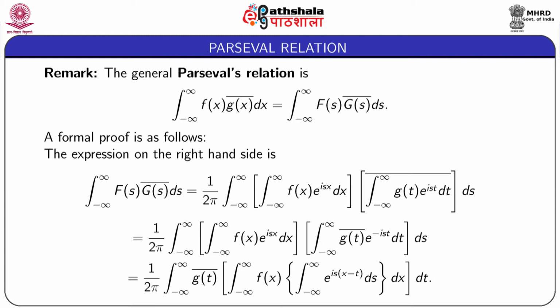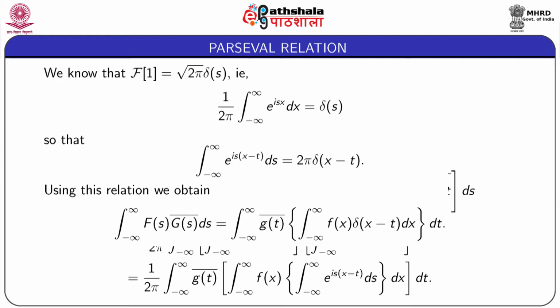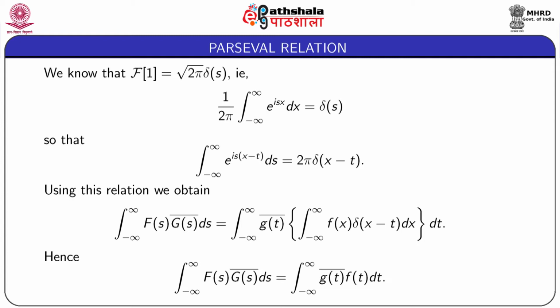Now, we consider the innermost integral, that is the s integral. For that we know, as we have learnt in the previous modules, that the Fourier transform of 1 is equal to root 2 pi delta(s), that is, 1 by root 2 pi integral minus infinity to plus infinity e to the power isx dx, which is the Fourier transform of 1, is equal to the delta function, that is delta(s).